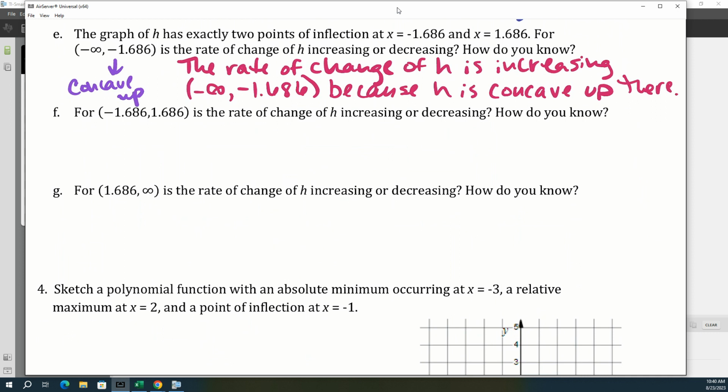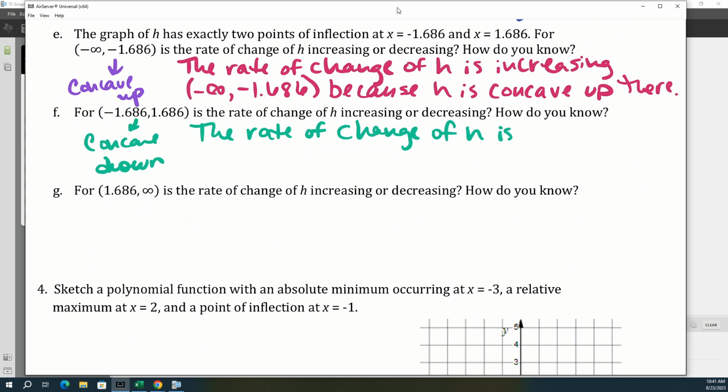Okay, and then we have the next section, which is between the 2 points of inflection. So we're looking at your graph between the 2 points of inflection. What do you think? What's the concavity? Down. Okay, so we are going to answer the question a very similar way. So the rate of change of h is, what do you guys think? Increasing or decreasing?